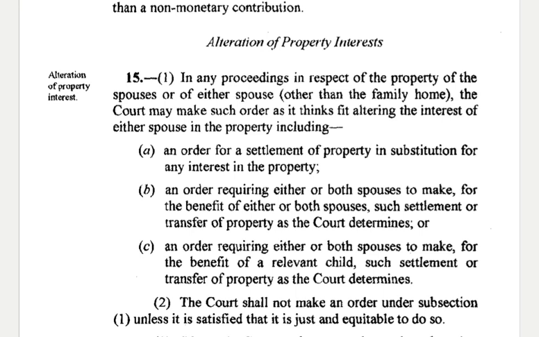including A. An order for a settlement of property in substitution for any interest in the property. So in that case, settlement of property in substitution for any interest. B. An order requiring either or both spouses to make, for the benefit of either or both spouses, such settlement or transfer of property as the court decides.